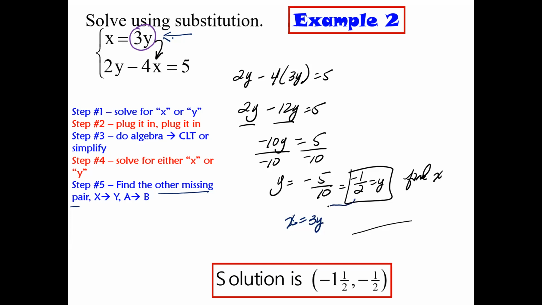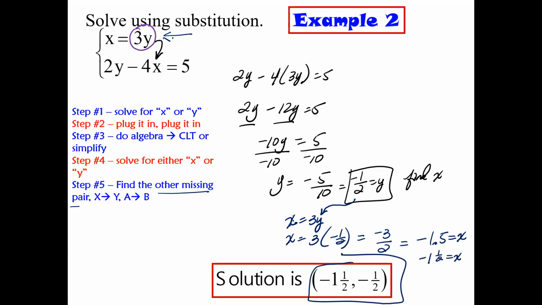Well, I know y is negative 1/2, so x is going to be 3 times negative 1/2, which is equal to negative 3 over 2, or negative 1.5. And that is why this is my equation. X comes first, followed by y.